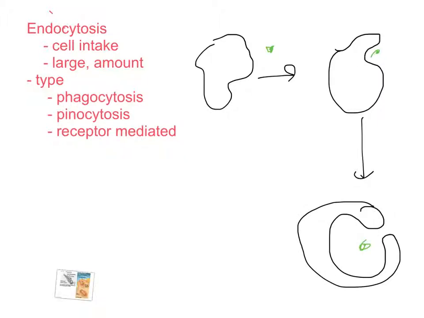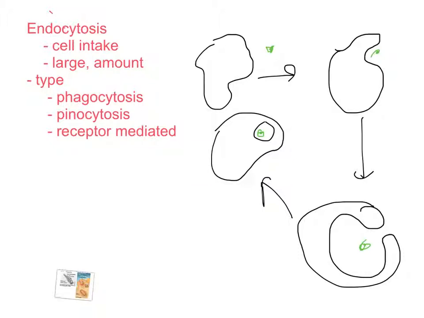It's a larger vacuole than it needs to be, but you get the idea. And then it becomes internalized into a vacuole. Phagocytosis means something solid, such as a bacterium, is engulfed or brought in.